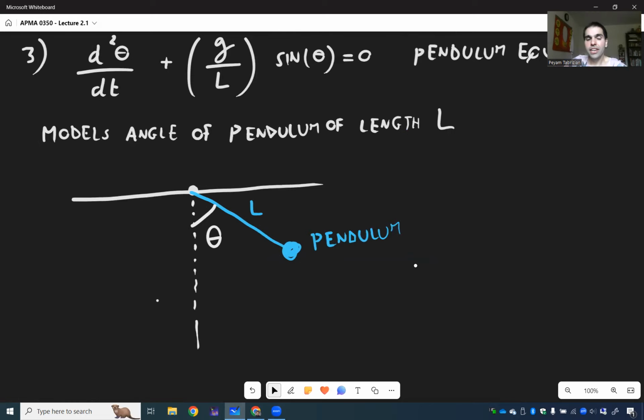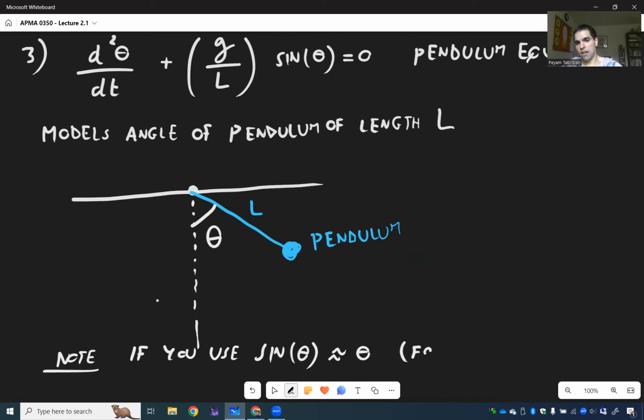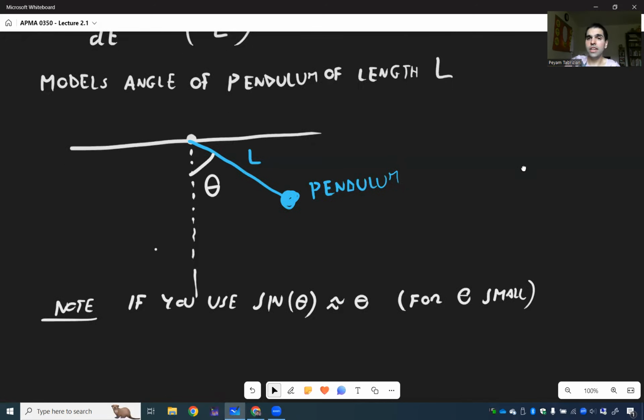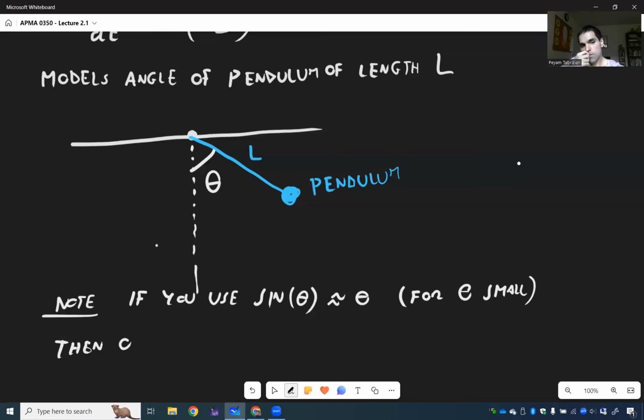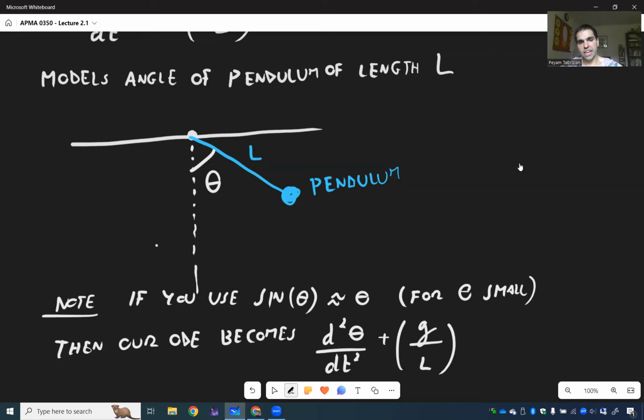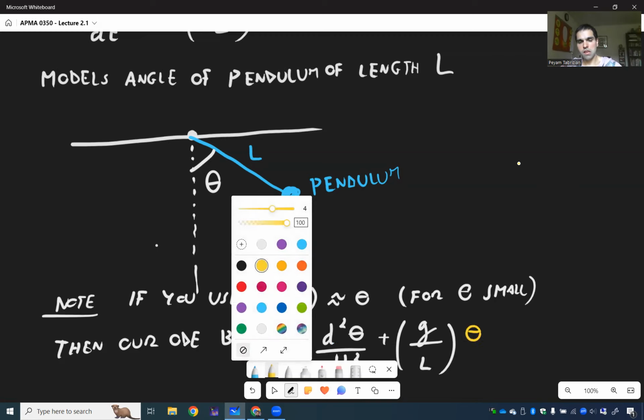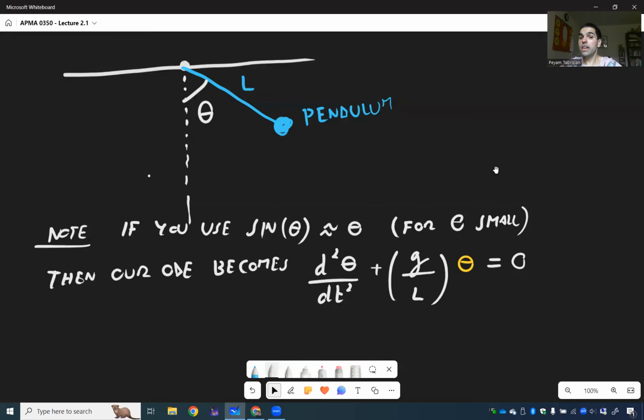Because if you use the infamous approximation, sine of theta is roughly theta, for theta small, then that ODE becomes the second derivative of theta plus g over L times theta equals 0, which in turn becomes a linear ODE.